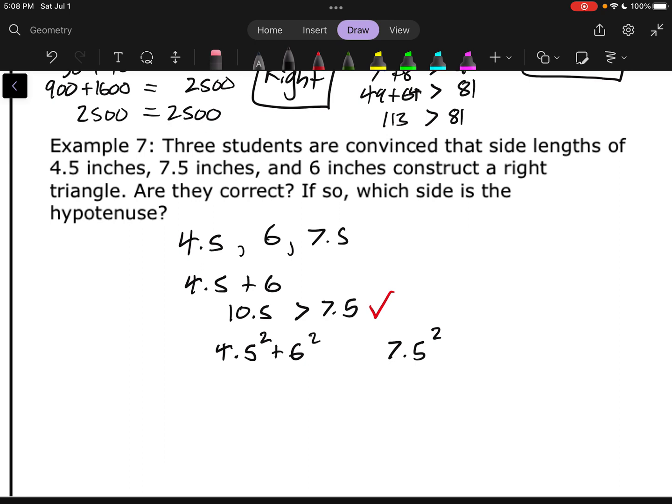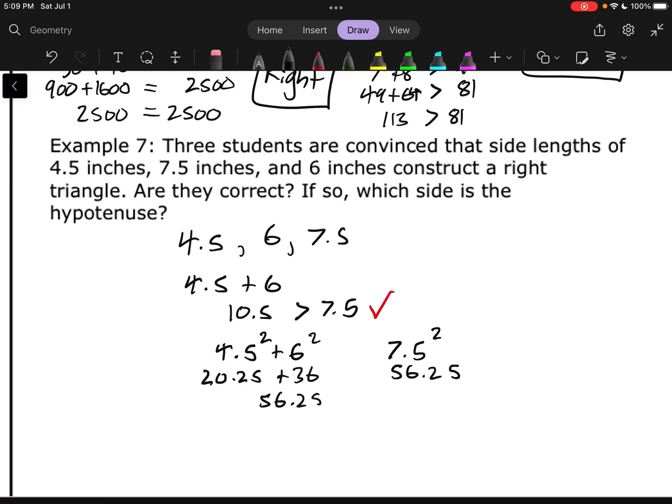4.5 squared. What on earth is that? Let's find out here. 4.5 squared is 20.25. 6 squared is 36. And then 7.5 squared is 56.25. Now if I add those together, oh, check that out.